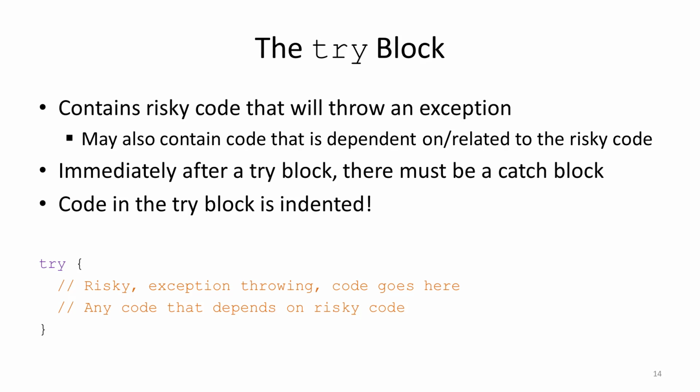Anytime you are entering code in between curly brackets, that will signify a new level of code. And remember, you can always use the CSD button in JGrasp to automatically indent the code for you. And it will do it with a 3-space indentation. Okay, so we have the try block that contains the risky code or the exception throwing code.